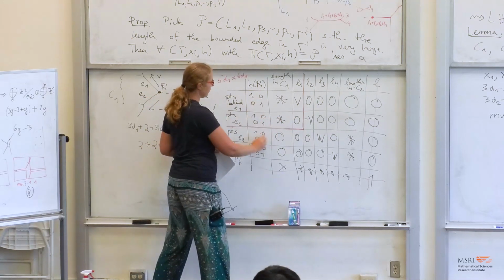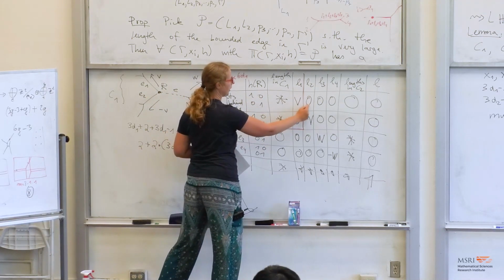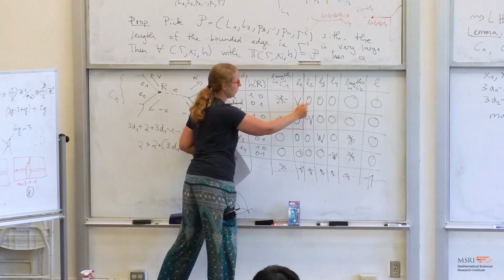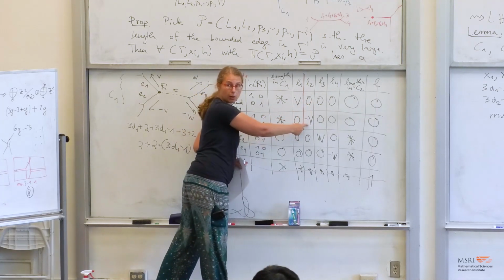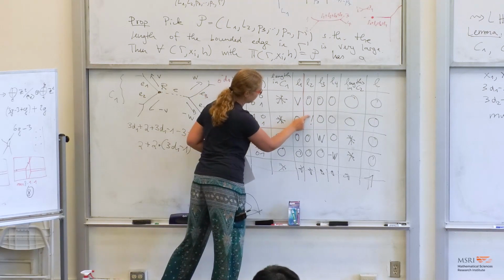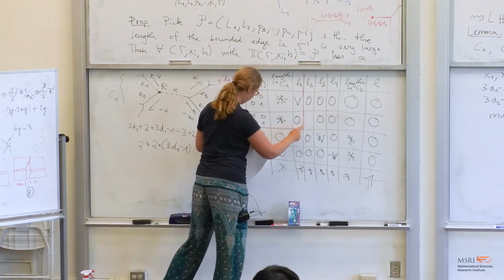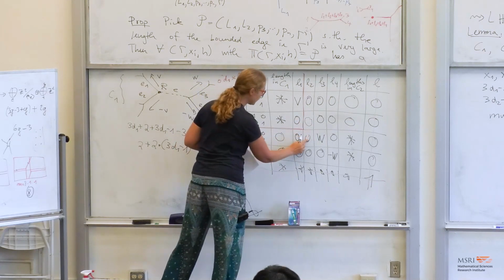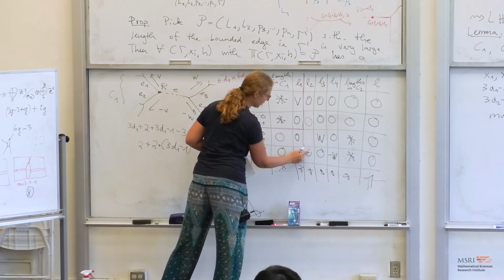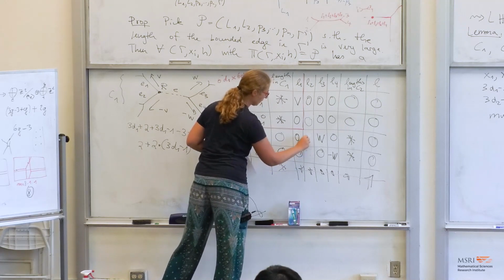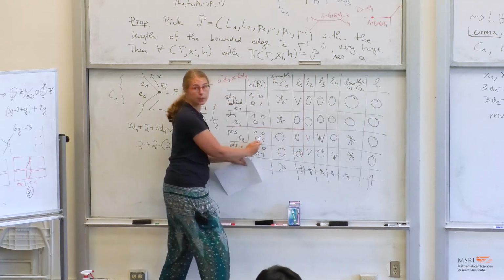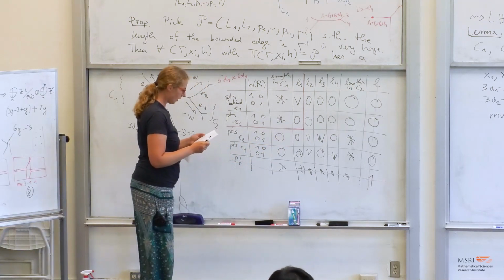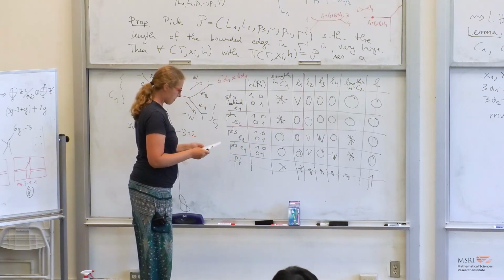Adding v times this will produce a v here and a 0 here. Subtracting this produces 0 again here and 0 here. Okay, so this is gone. Great. And here we produced v's by adding v times the h of r columns. Okay, very good.